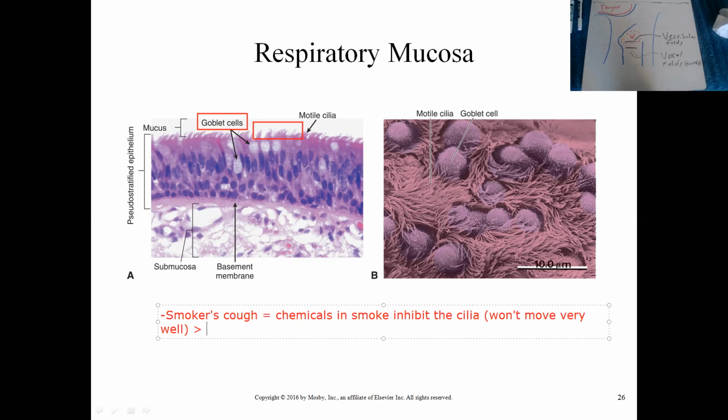And if the cilia can't move very well, mucus stays in the airways. And so to get the mucus out of there, your body tries to cough to force the mucus out. That is the smoker's cough.